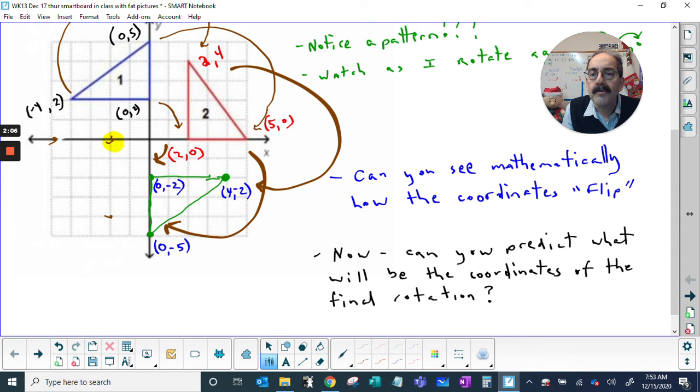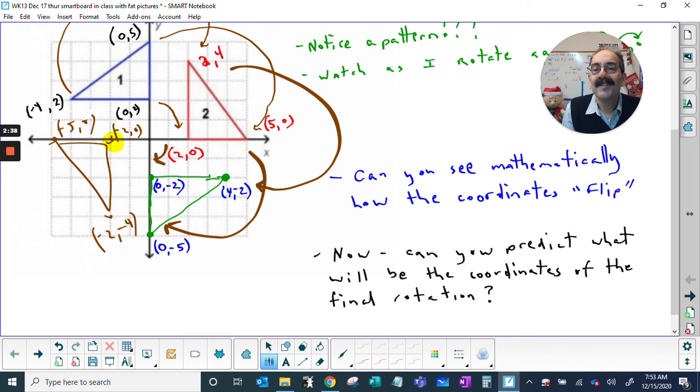Okay, so we're going to draw this in. And I'll bet you had already predicted how 0, negative 2 became negative 2, 0. 4, negative 2 became negative 2, negative 4. And 0, negative 5 became negative 5, 0.